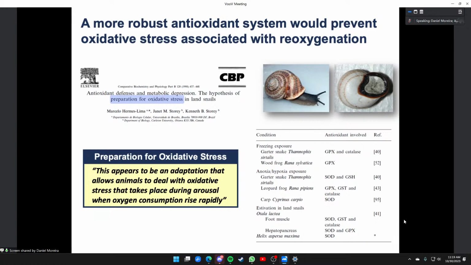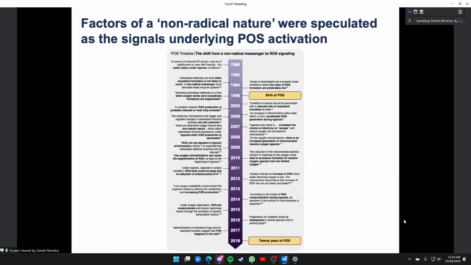Since the proposal of this hypothesis, there was an interpretation that the activation of endogenous antioxidants would be mediated by a molecule or a factor of non-radical nature.